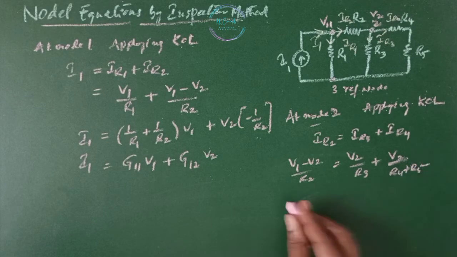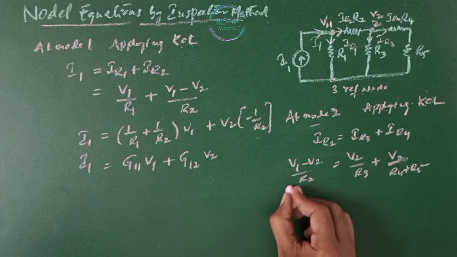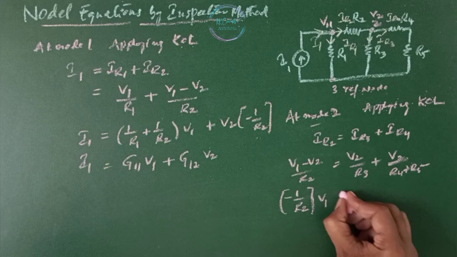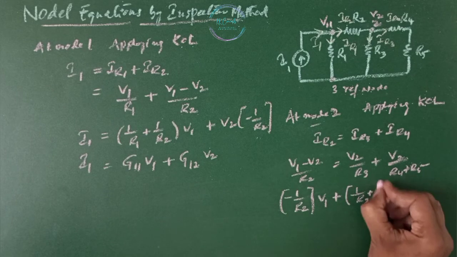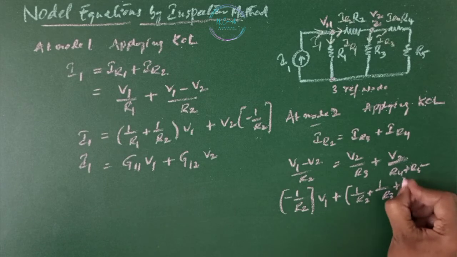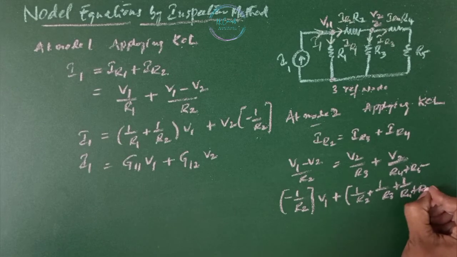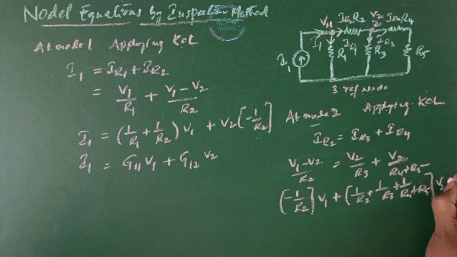Now if you rearrange this, you get minus (1/R2) V1 plus (1/R2 + 1/R3 + 1/(R4+R5)) V2 equals 0.